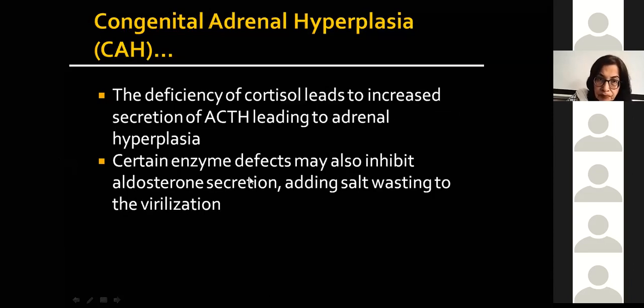Right? The deficiency of cortisol leads to increased secretion of ACTH, leading to adrenal hyperplasia. Supposing cortisol is not being produced, then what will happen? There will be decreased cortisol, which will stimulate ACTH. So now, supposing behind the roadblock, the cars are not going to the airport. Airport people say, why are the cars not coming? Please send more cars.